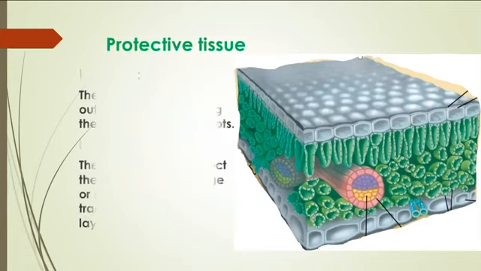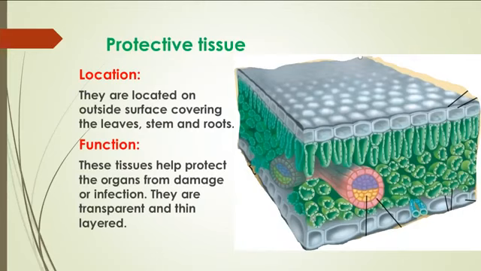Protective tissue. They are located on the outside surface covering the leaves, stem and roots. Their function is to help protect the organs from damage or infection. They are a thin transparent layer.